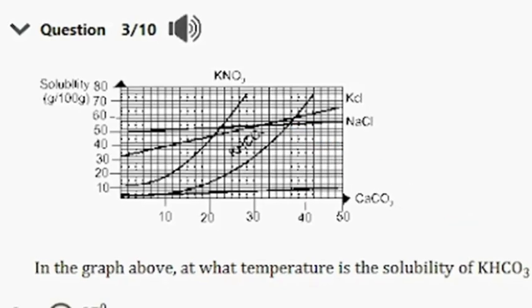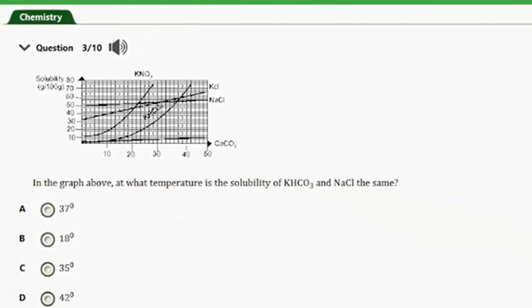So it's at point 37 that this curve actually meets this other curve. So that's the answer to this question. This point where they intersect, tracing it down to the temperature axis, that's 37. So the answer is option A.